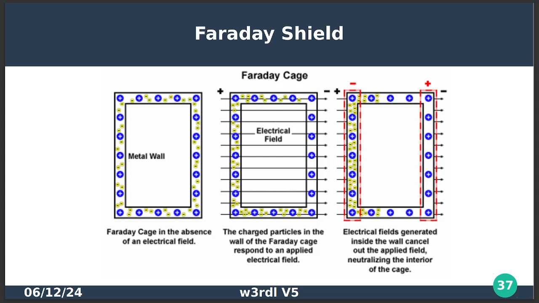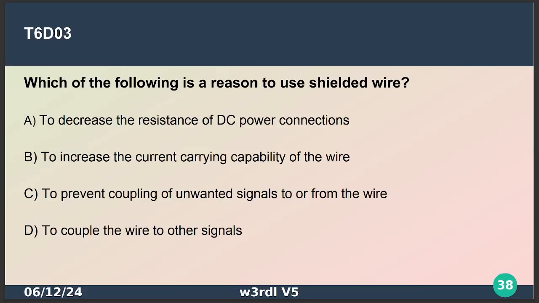So in the third one here, you have a positive and a negative at the top. When you put a potential on that, it keeps everything from the inside. That's why your shield has to be connected. It has something on it to keep anything outside from getting in.